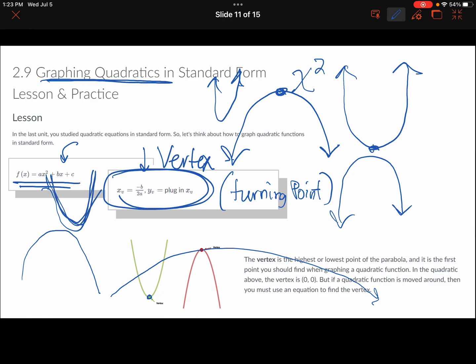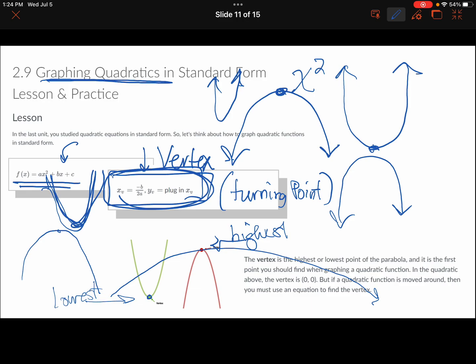Something that you drop and it bounces up, it's going to have that shape. But that point where the direction changes is called the vertex. And this is how you find the value. That vertex is the lowest spot, or it's the highest spot, depending on the application.